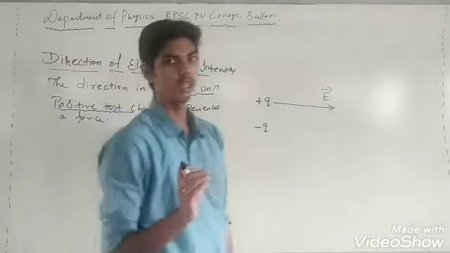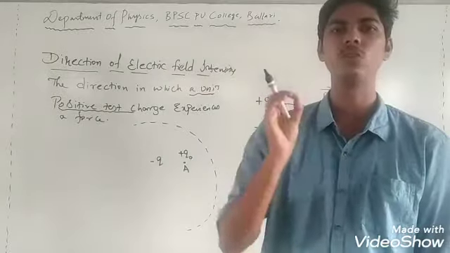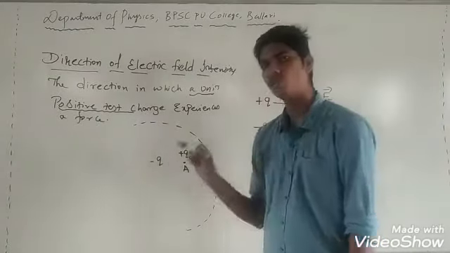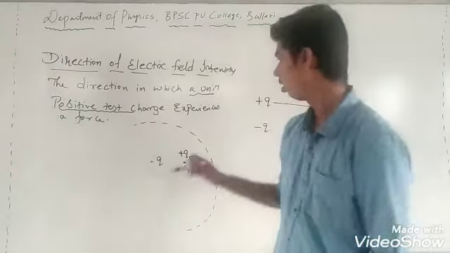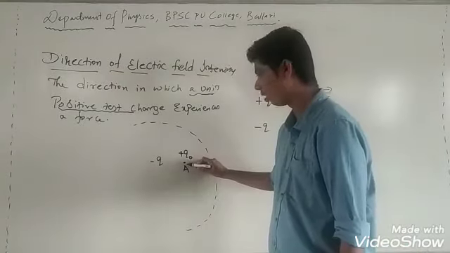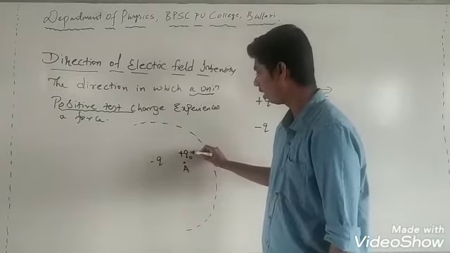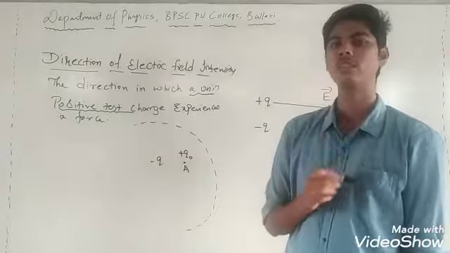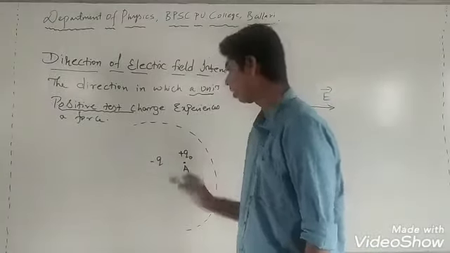So this is a must. At whichever point you are asked to find the direction of electric field, you must place a unit positive test charge at that point. First place a unit positive test charge at that point and measure the direction in which this test charge experiences the force.